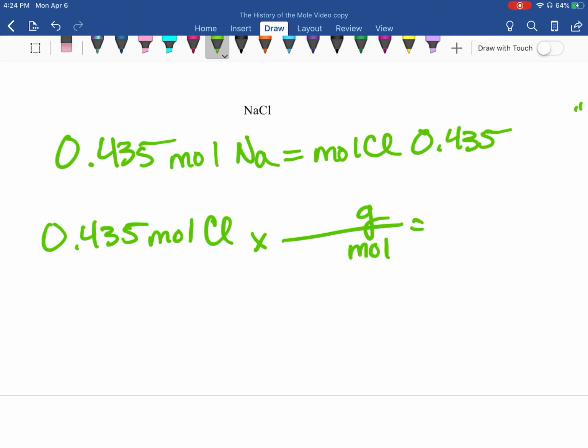Awesome. Let's fill in that atomic weight. I think for chlorine it was 35.455 grams in 1 mole. So let's multiply. I get 154 point.